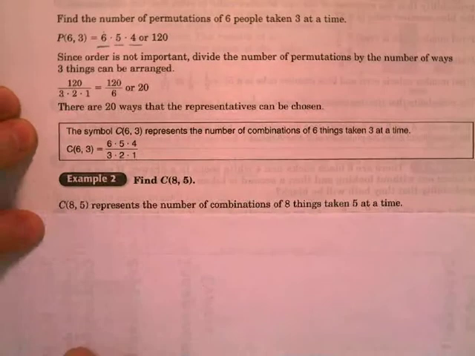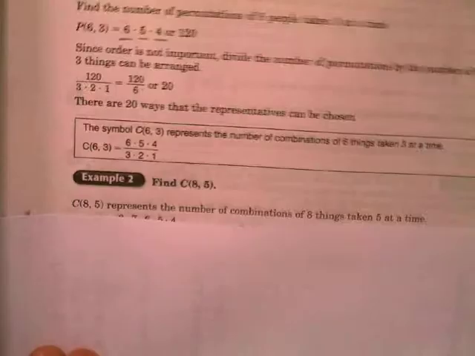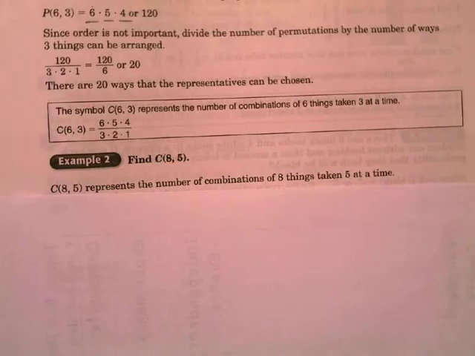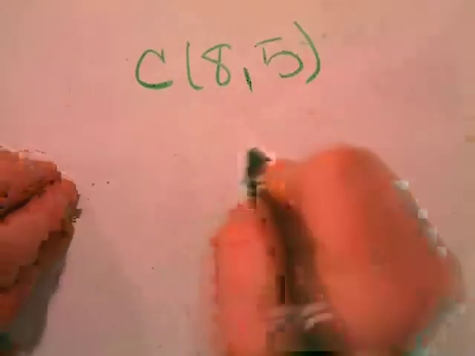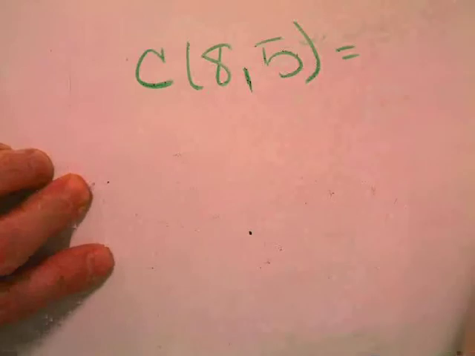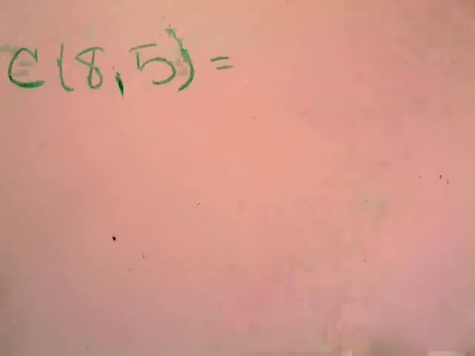So here's an example. Let's find the combination of 8, 5. We start out by doing the permutation of 8 and 5.